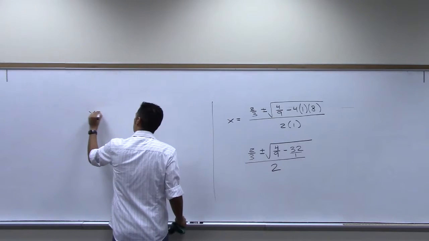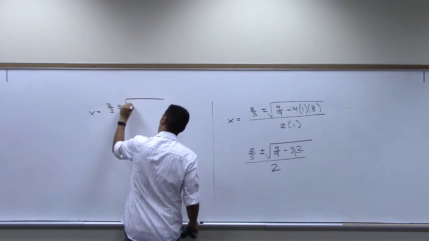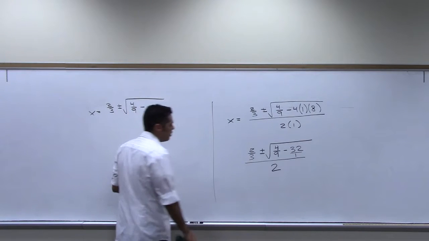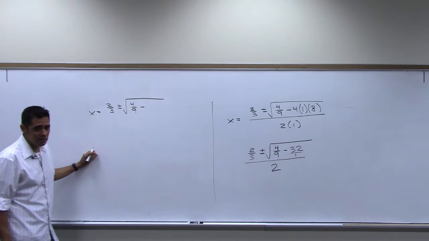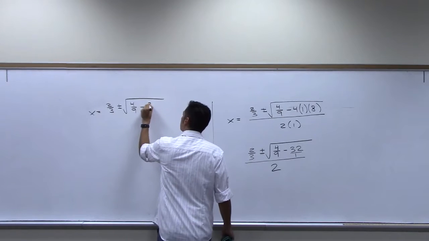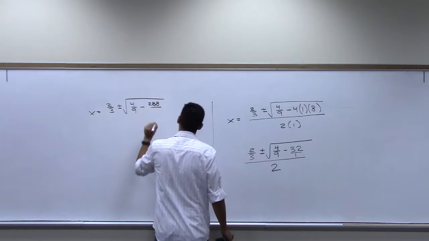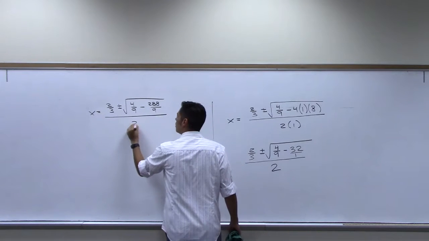So x is equal to 2/3 plus or minus the square root of 4/9 minus, what is 32 times 9? 287? 288. Is it? Yeah, 288. 288 over 9, over 2.